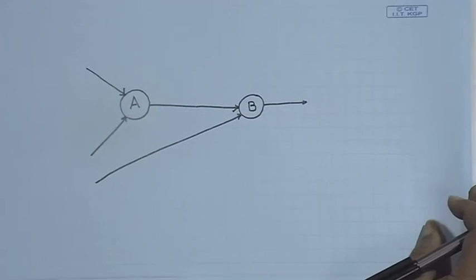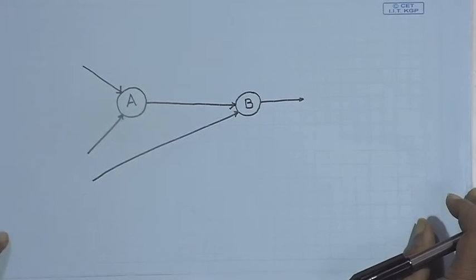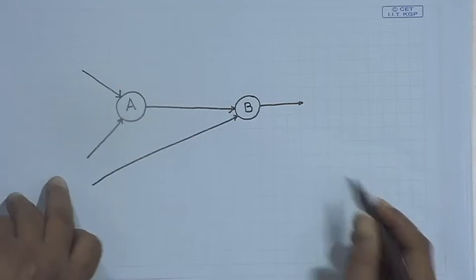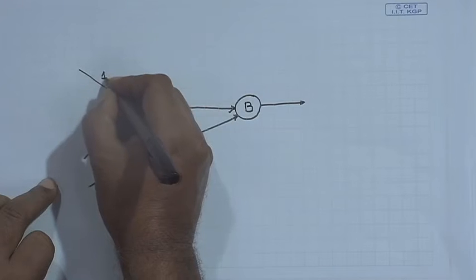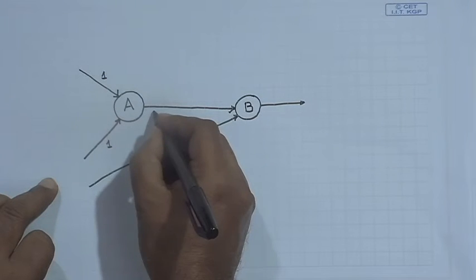For the same actor, I am just showing an example. Say for example, this is a typical one, all right, and here I have the edges 1, 1, say 3.